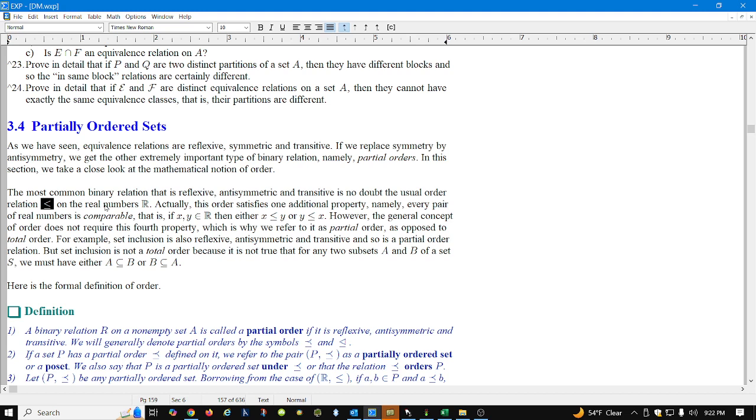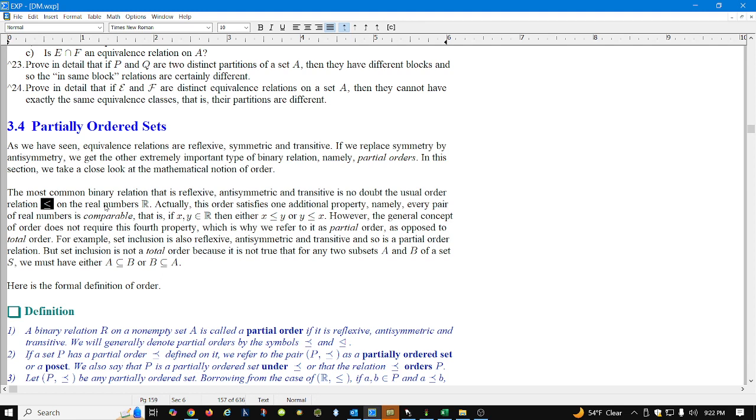But the general concept of order does not require this fourth property. And that's why we refer to it as a partial order, as opposed to a total order. And I'll go over these concepts again. So for example, set inclusion is reflexive, anti-symmetric, and transitive, and so it's a partial order.